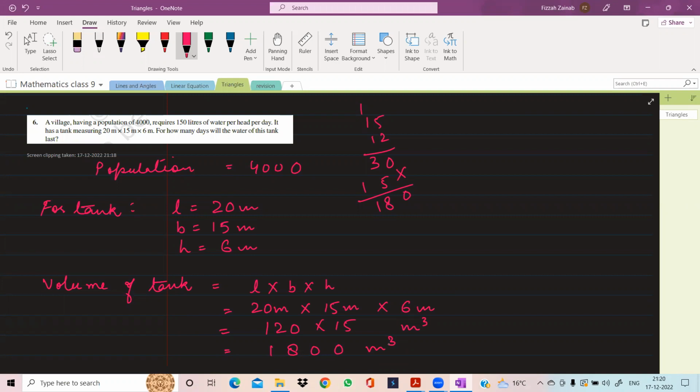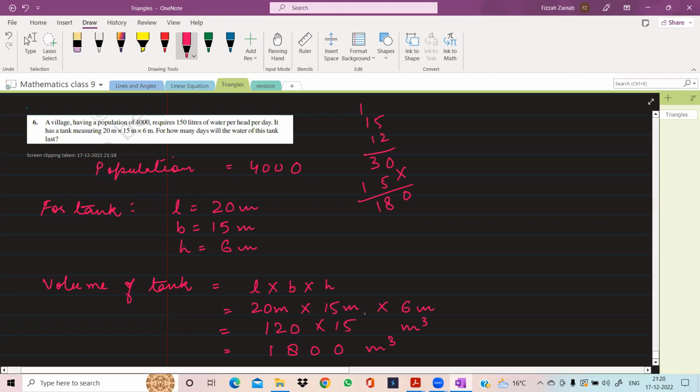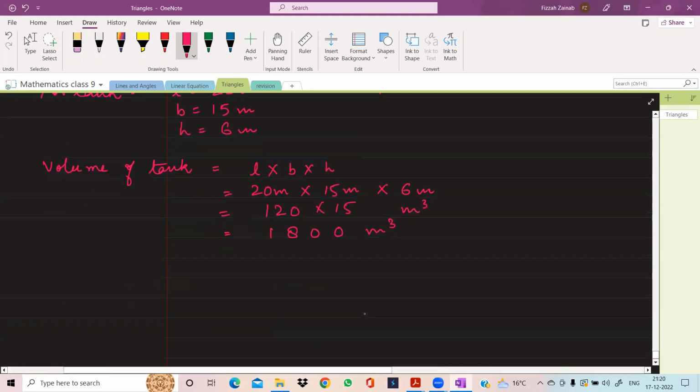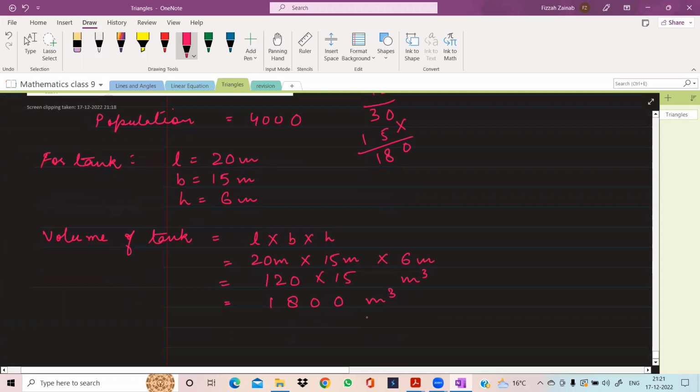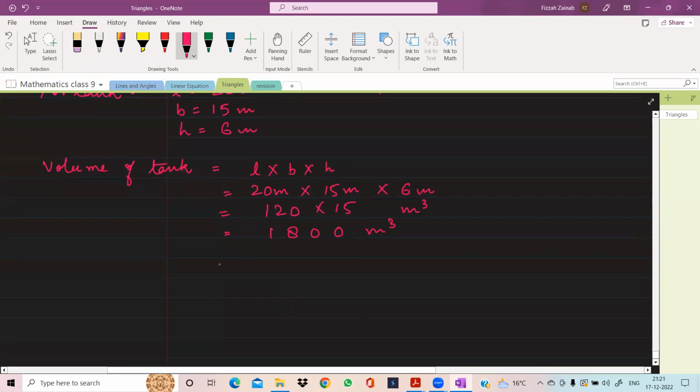Okay. So let us find out how much liter of water the whole population requires. Understand? Or can we convert everything in liter here? Because the capacity is given in liter, can we convert the volume of the tank in liter first of all, right?